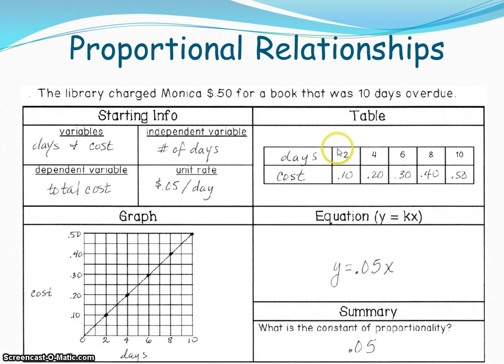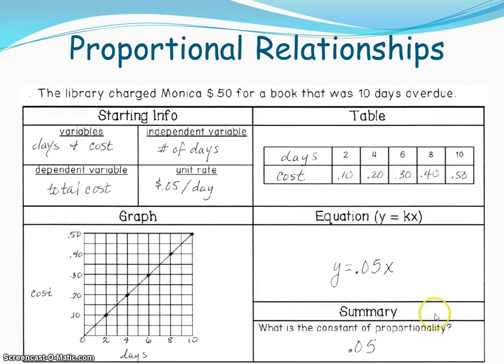So if there were 0 days of the book being late, then there's going to be 0 cost for Monica. So that is a point in this situation. Starting at the origin and then a straight line makes this proportional. No curves, no zigzags or anything like that. This straight line indicates a constant rate of change. And that constant rate of change can be identified as this constant of proportionality.